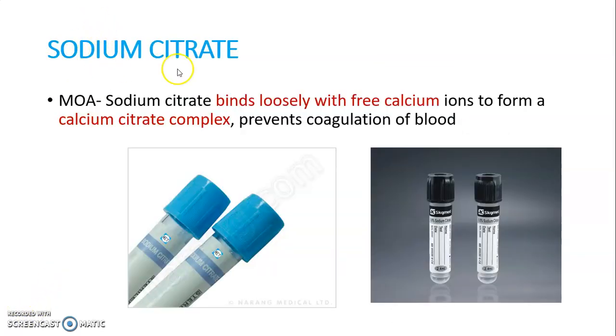Now the sodium citrate anticoagulant. Its mechanism of action is that sodium citrate binds loosely with free calcium ions to form a calcium citrate complex, which prevents coagulation of blood.